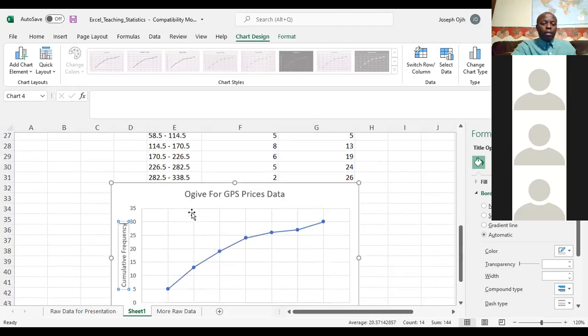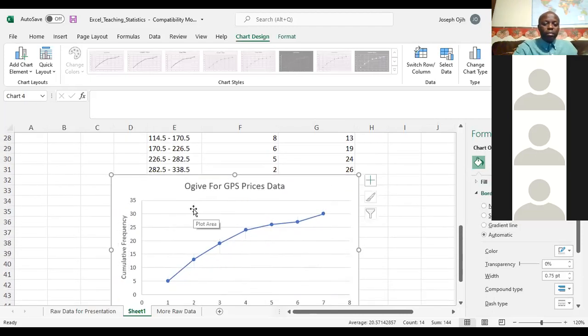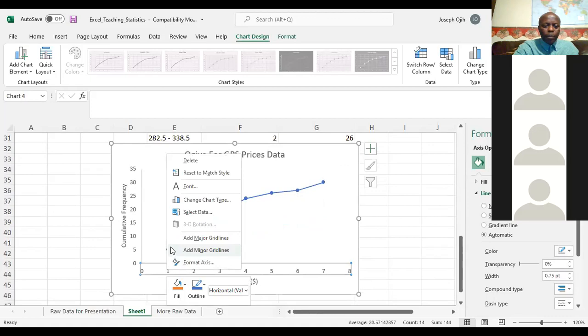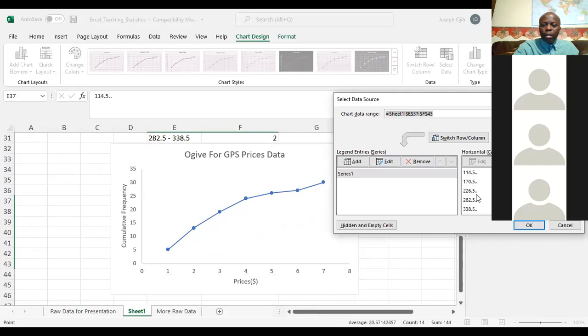Okay. Now you can remove the grid lines. But you can see that it's cumulative frequency. It goes all the way, so you can stretch it all the way down. Now this section, you can select data. Okay, let me see if this works. I'm gonna select this data. It will select only one of them. I want to select all of them. Present the category. Switch.